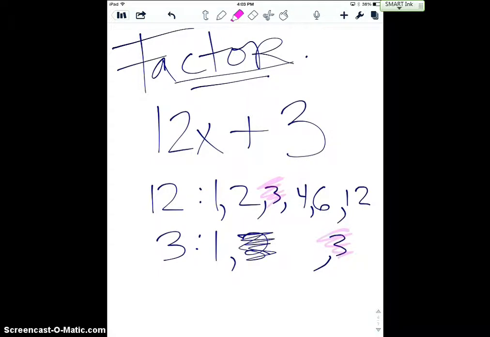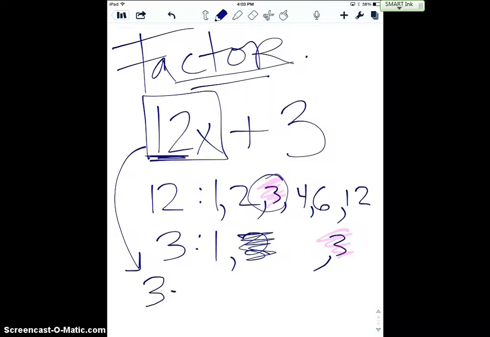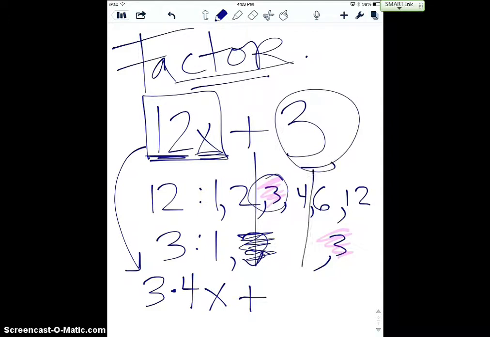All right, so now I'm going to rewrite these terms using factors. So 12 is the same thing as 3 times 4, and don't forget about that x. It's being multiplied with x. Plus, and now I'm going to rewrite the 3 as its factors. I already have 3, so what do I multiply it by? 3 times 1.